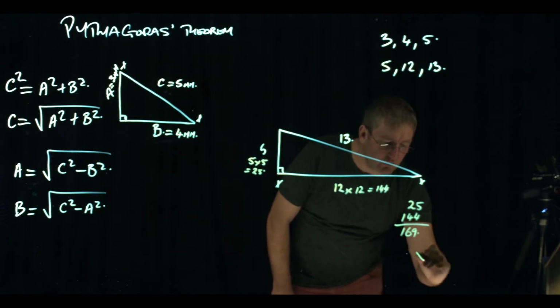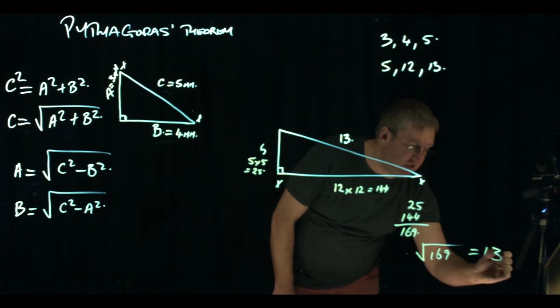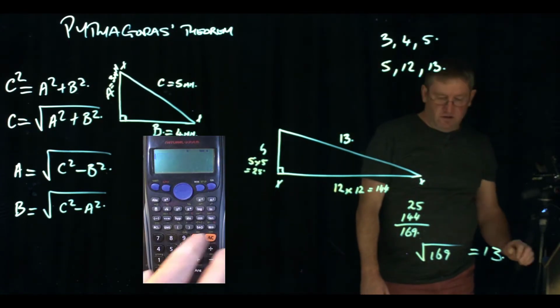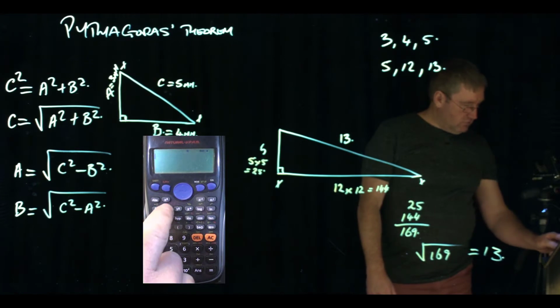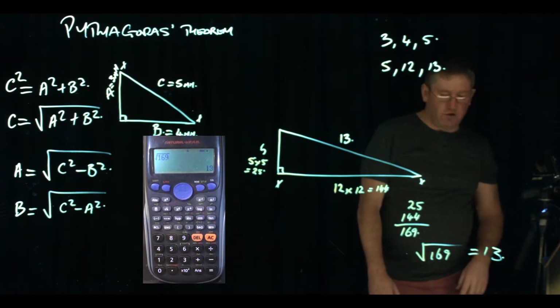If you take the square root of 169, it equals 13. And that's what we have up here. So I'll do that on the calculator, just to reinforce it: square root of 169 equals 13, just to prove it.